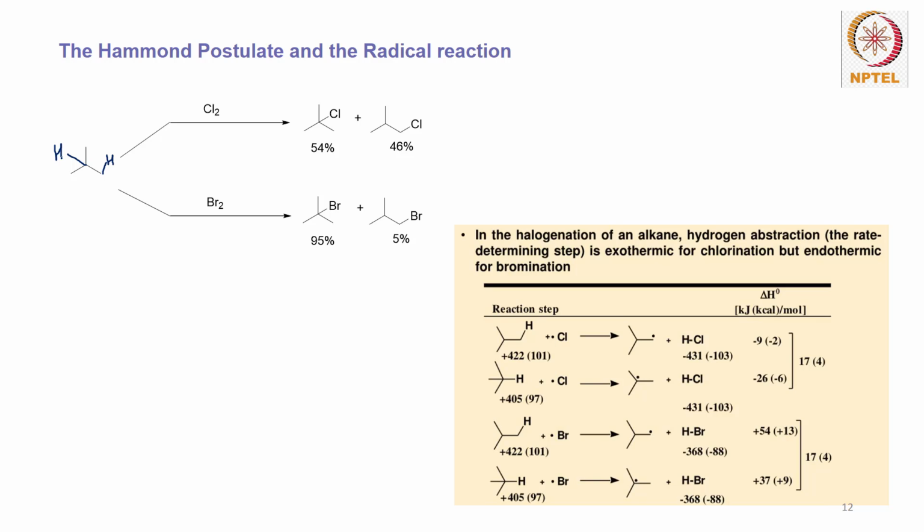How can we explain this from Hammond postulate? Because chlorination and bromination, both reactions go through the same reaction mechanism. There is no variation in reaction mechanism. So what is the factor that is controlling the selectivity of the reaction? That can only be explained by the Hammond postulate.